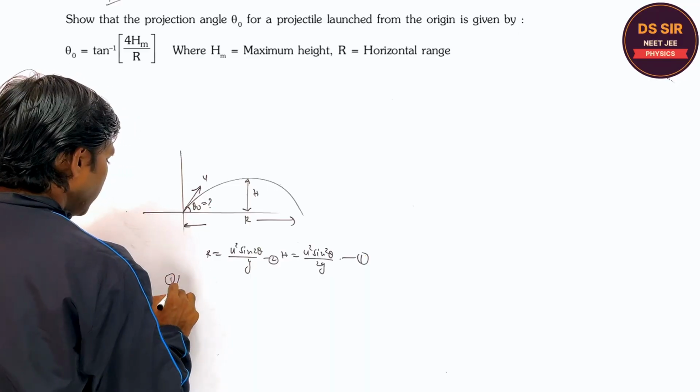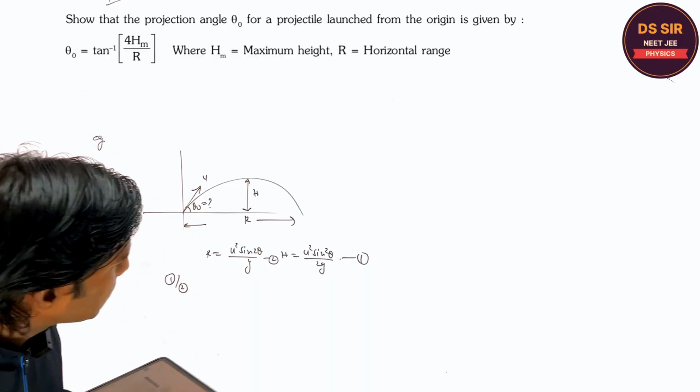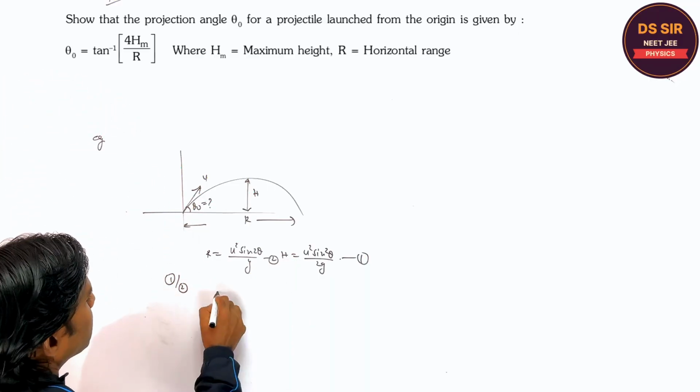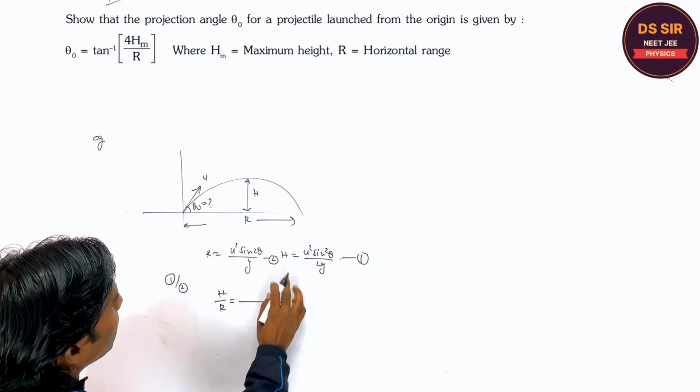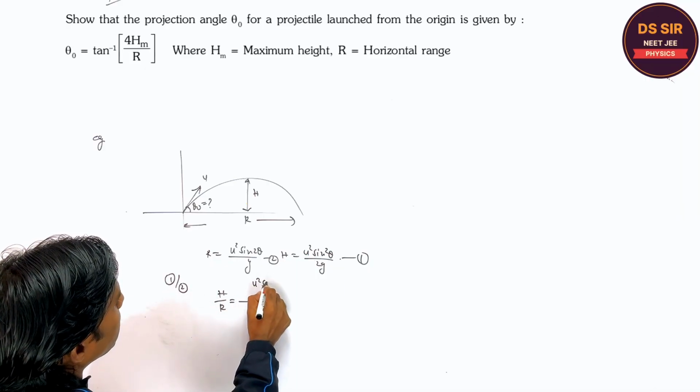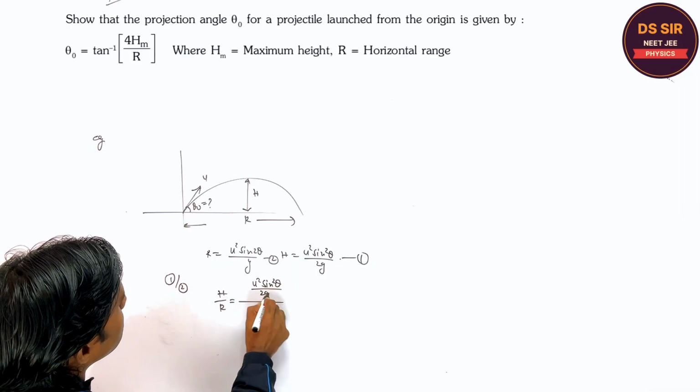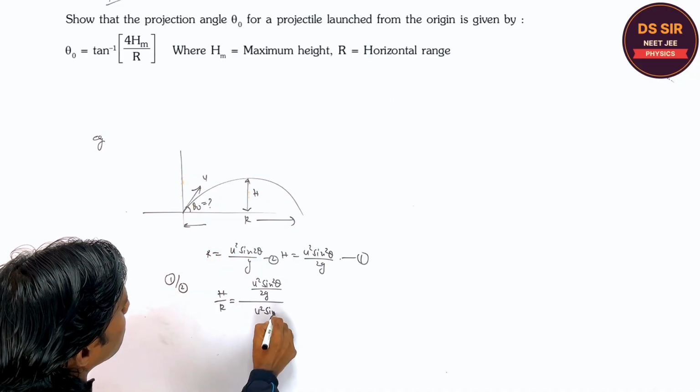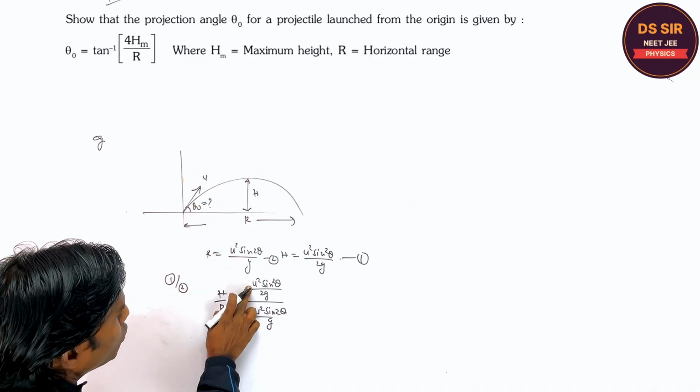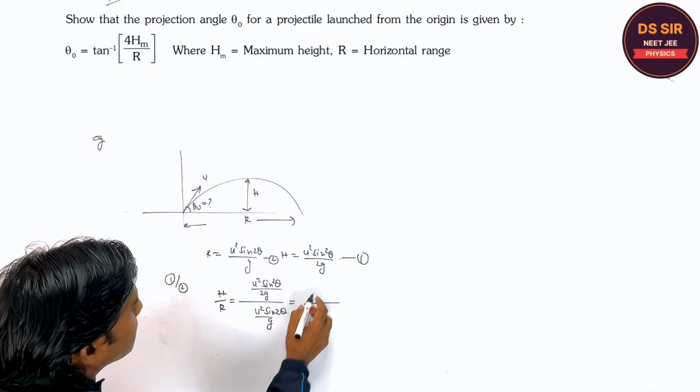So if 1 and 2 are divided, all right, what is h upon r? The value of h is u square sine square theta upon 2g, divided by sine 2 theta upon g times u square. U square upon g and u square upon g will cancel out.